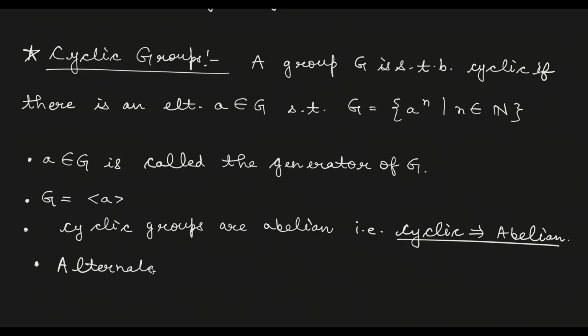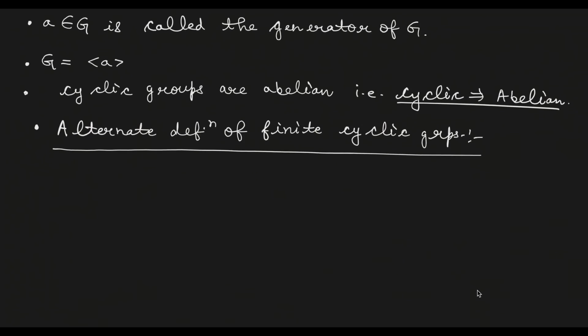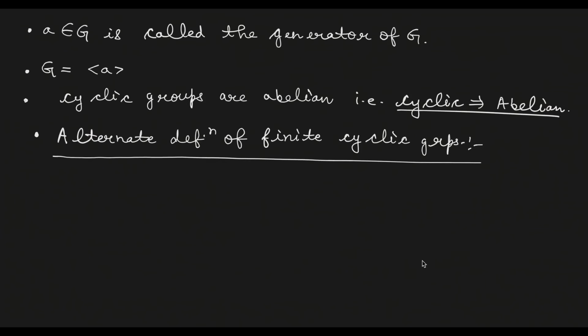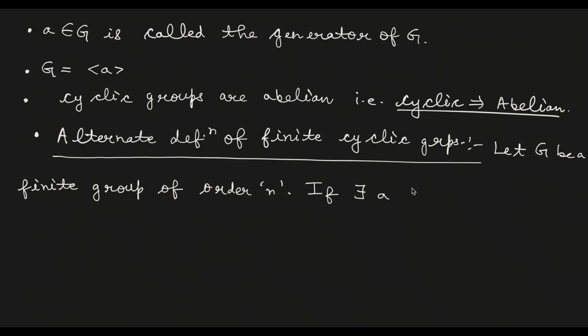Alternate definition of finite cyclic groups. Let G be a finite group of order n.